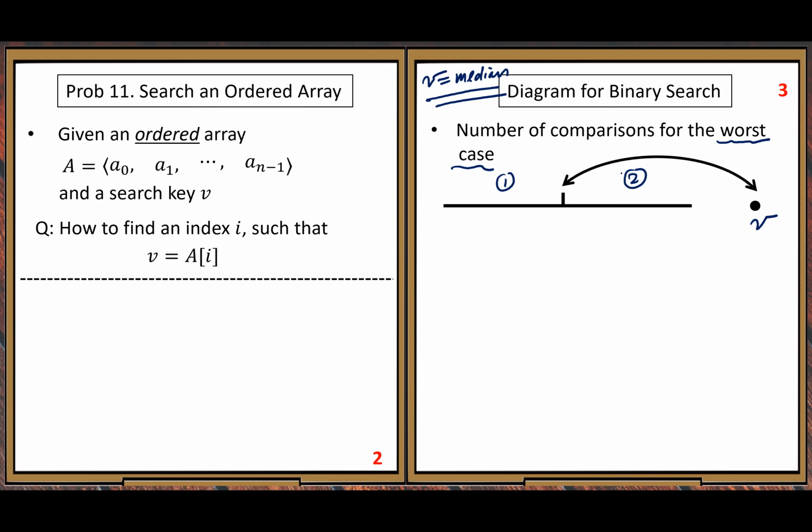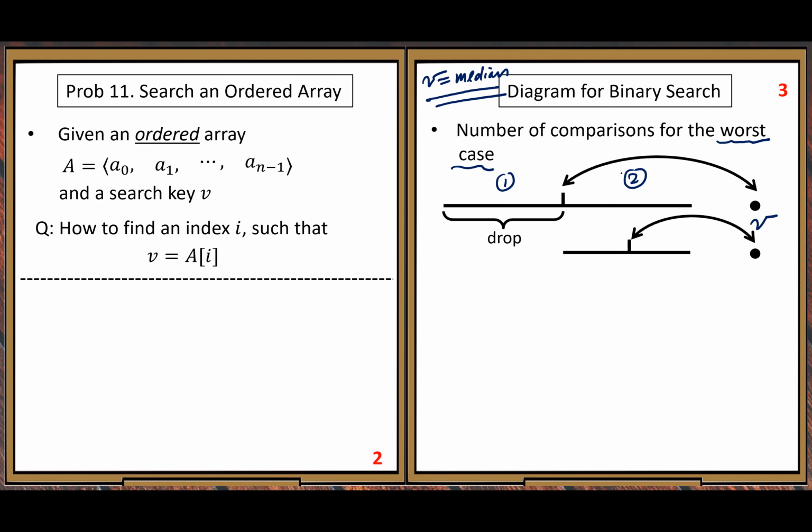We can drop it from our consideration. After we drop the first subarray, we have data that is approximately 1/2 of the original data size. Half of the line segment.